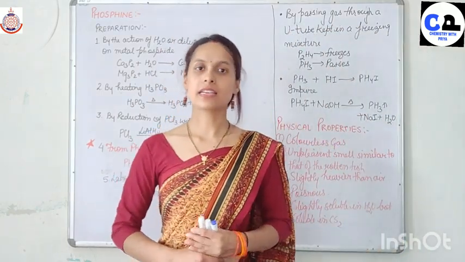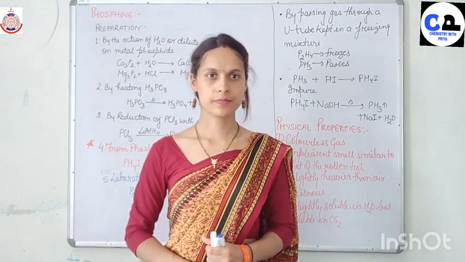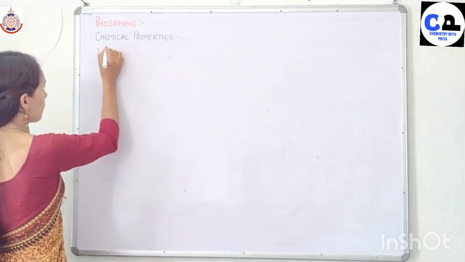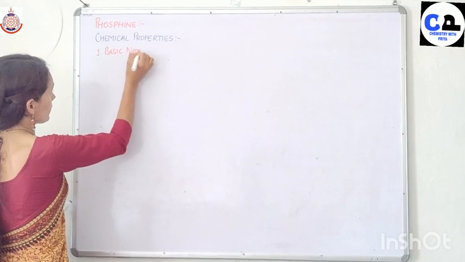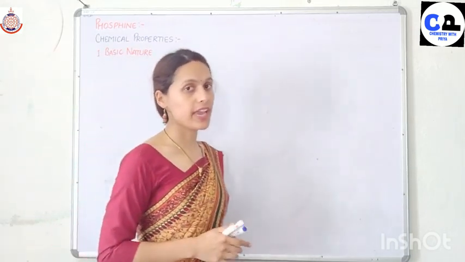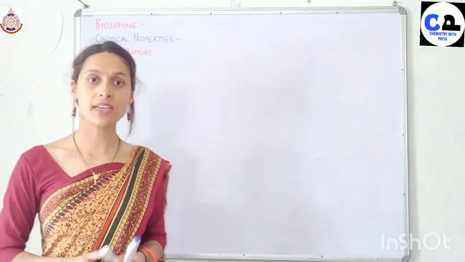Now we will study the chemical properties and the uses of phosphine. The first property is basic nature. In the anhydrous form, it reacts with mineral acid to form a salt.